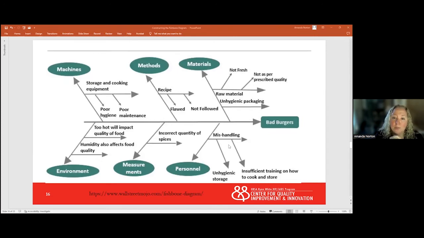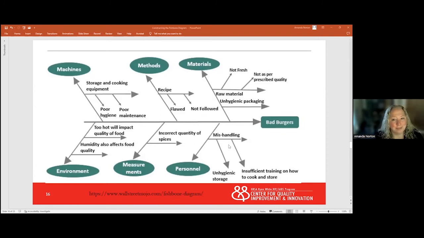The methods, so methods and measurement, the causes here can be related. So the recipe is flawed or not followed. And that gets into our issue around incorrect quantity of spices. So it doesn't mean that these things stand completely alone. We know in systems thinking, everything is pretty interrelated, but there's two different issues here.